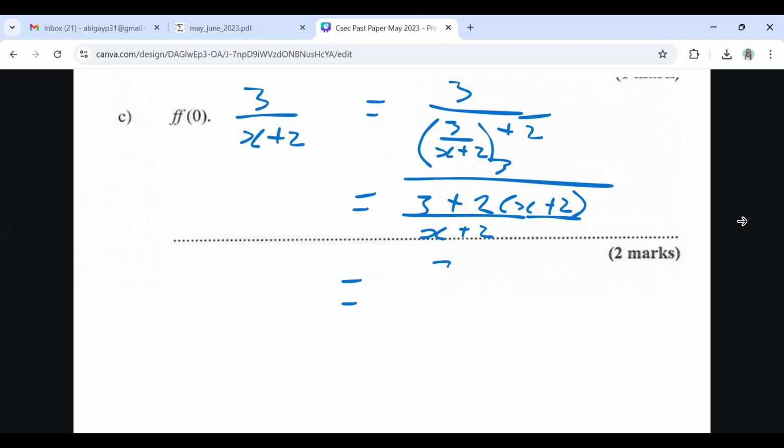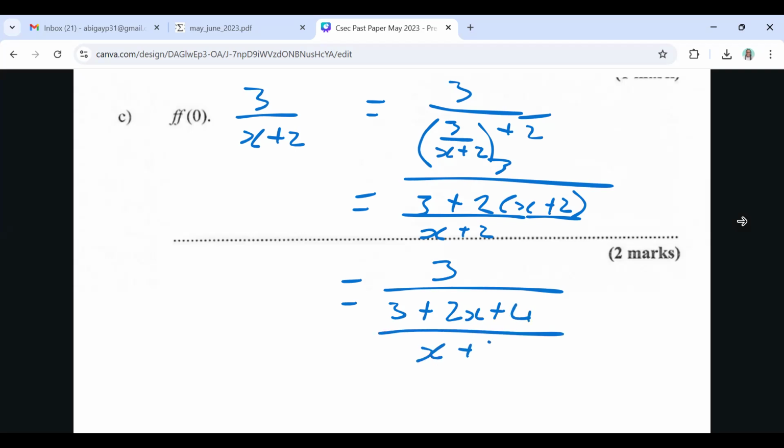Then 3 divided by 3 plus 2x plus 4 over x plus 2, which is going to be 3 over 2x plus 7 over x plus 2.